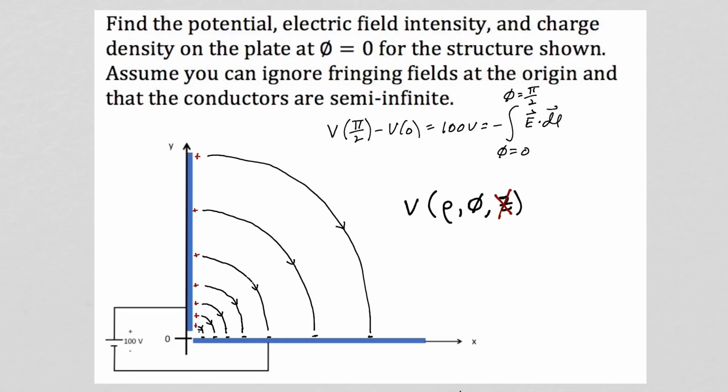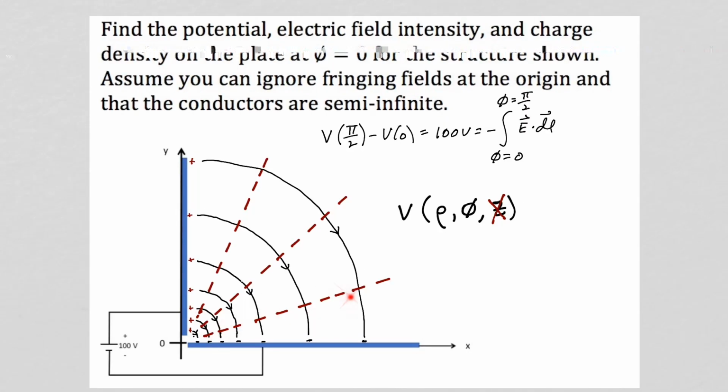I've drawn some additional phi surfaces. This one is at pi over 4 radians. So if you were integrating E dot dl with a constant rho, when you get to this pi over 4 plane, you're halfway through your integral.